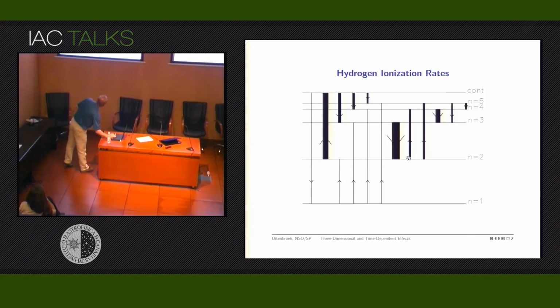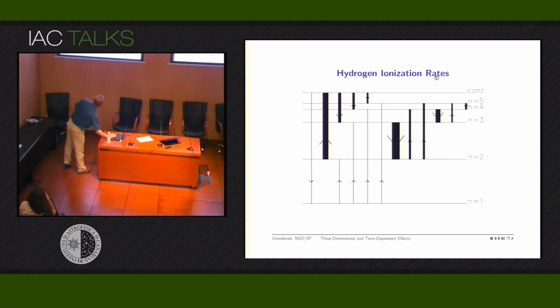These are now the energy levels of hydrogen, and the thickness of the arrows here indicates the dominance of the rates between them. So ionization of hydrogen comes mostly from the Balmer continuum, so ionizing with radiation from the first excited level to the continuum in this way, and then recombination, which is typically a three-body process because it involves the capture of an electron and then a second electron that takes away the energy, and therefore this process is very density sensitive.